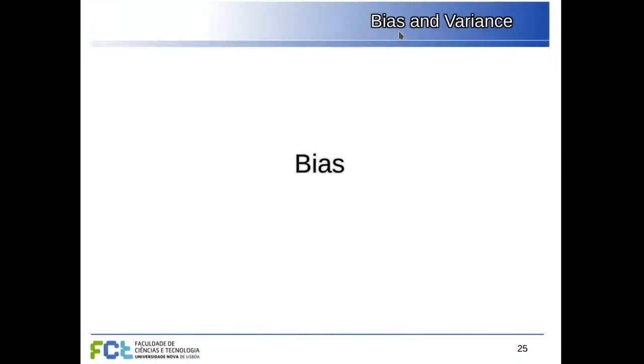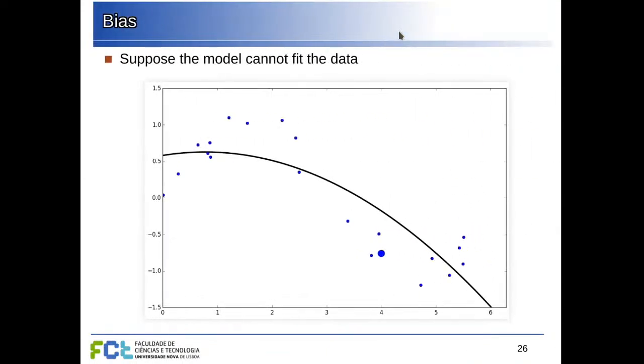So now let's look at some aspects of the errors in classification, and we're going to do this decomposition into bias and variance. So first, bias, what this means. We saw so far this notion of having unbiased estimators, and statistically bias is an average difference between the estimate and the value we're trying to estimate.